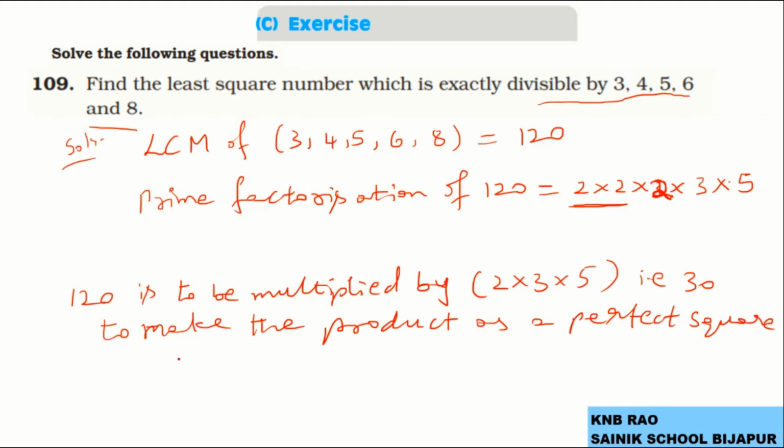So once we get the product which is a perfect square, that is 120 into 30 gives 3600. So this is the number which is divisible by the given numbers as well as the least square number.